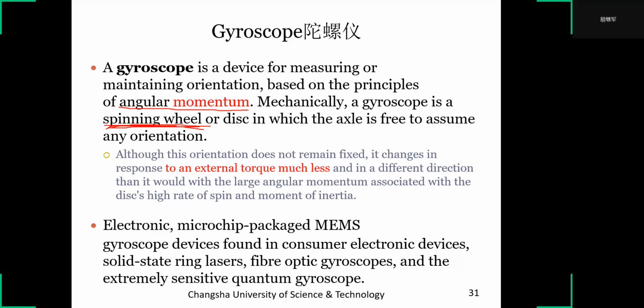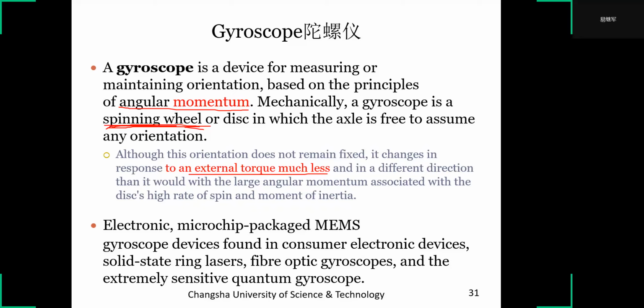Although its orientation does not remain fixed, it changes in response to an external torque much less, and in a different direction, than it would without the large angular momentum associated with the disk's high rate of spin and moment of inertia.